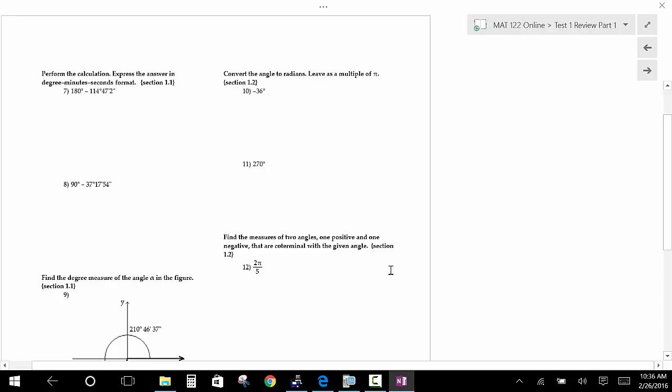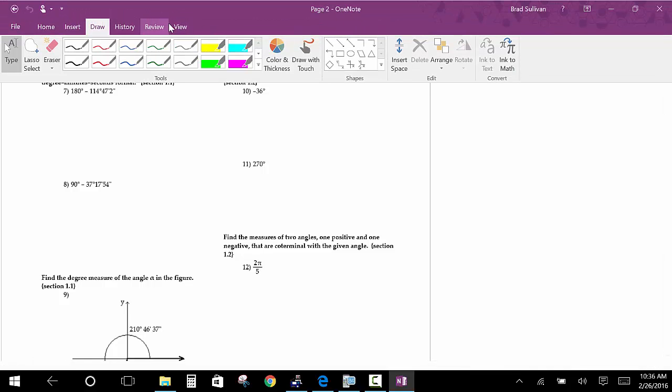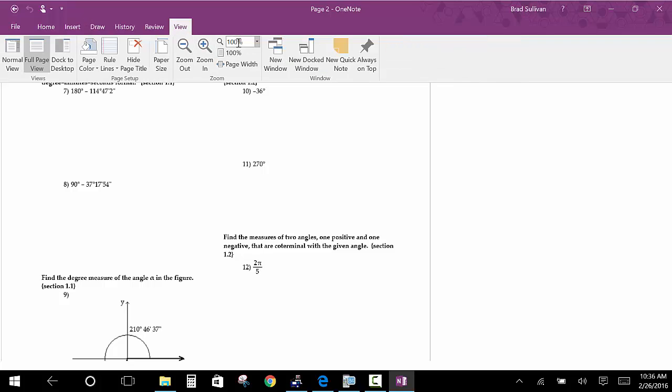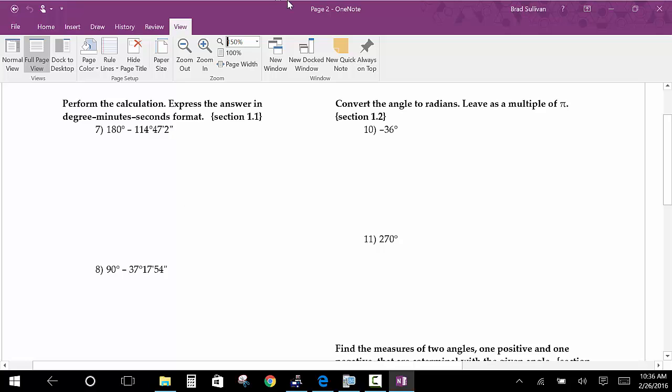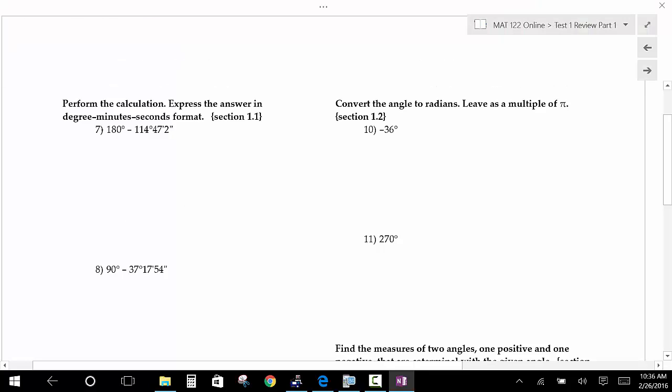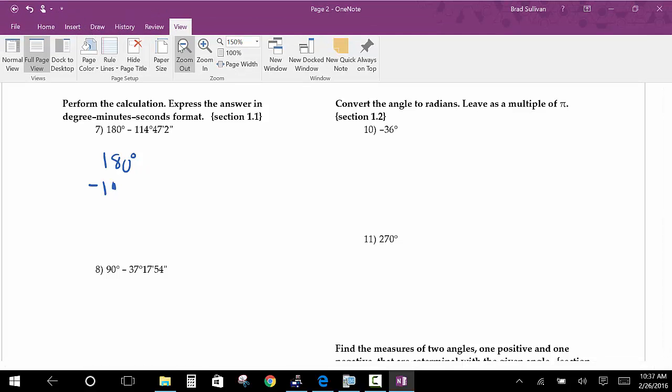And what we're going to look at on this is just a little bit of calculation. Make sure that we're on track with doing some calculations without the calculator again. Okay, so to begin with this one, we've got 180 degrees. And we're going to subtract from that 100. Whoops. Sometimes this thing is so hard to write on.